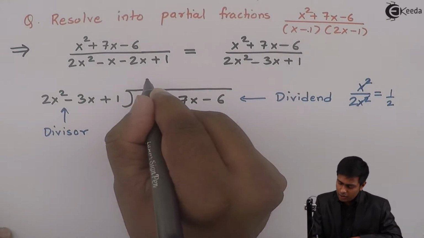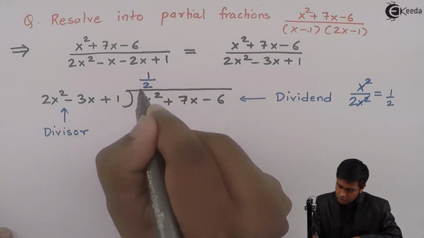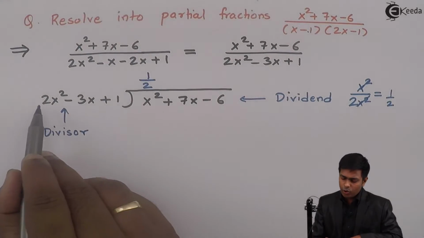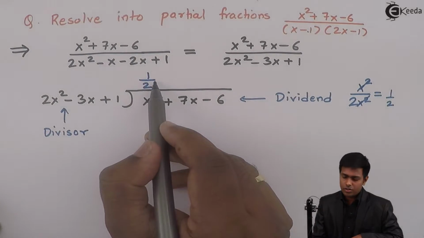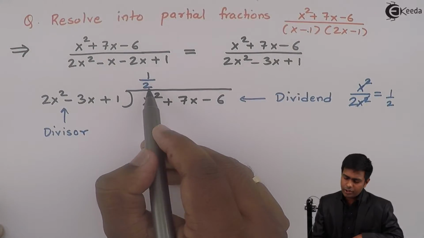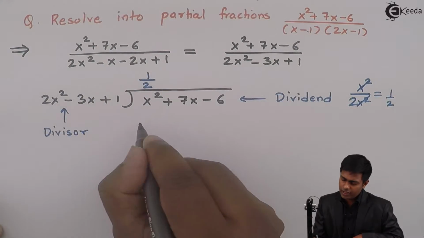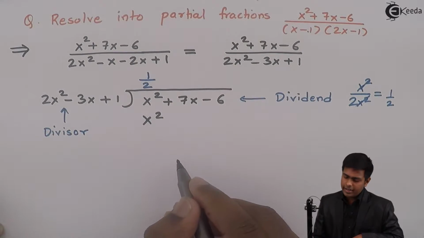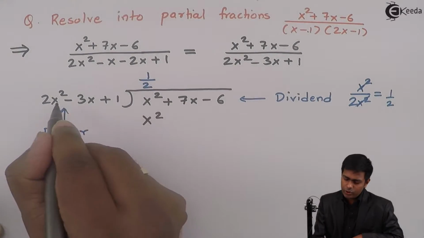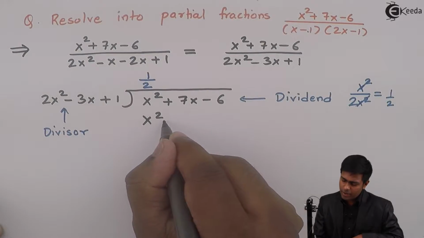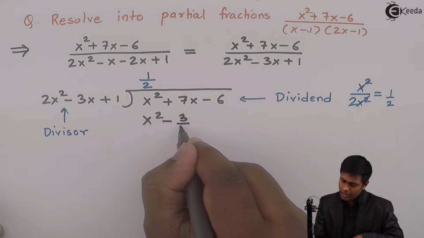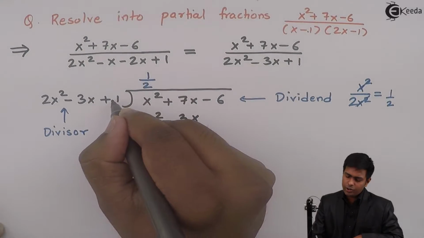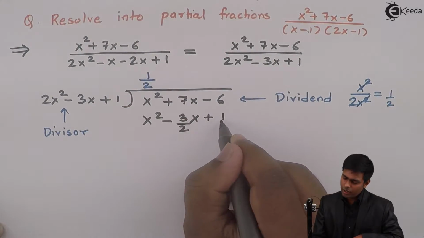So here I will write it down. It is 1/2. Now we will multiply the whole divisor with the quotient. So 1/2 into 2x² will give us x², because the 2 and 2 will cancel. Next, 1/2 into −3x is −3/2 x, and 1/2 into 1 is +1/2.